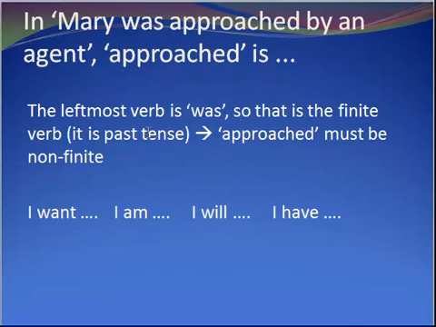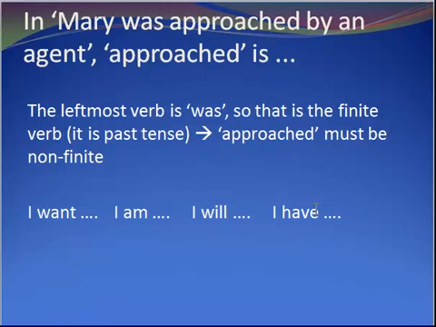So that's the finite verb, is was, so approached must be non-finite, so we try it again in the test frame. I want to approach, I am approaching, I will approach, I have approached. Again, this is the only test frame that you can fit approached in, so it must be a participle form.